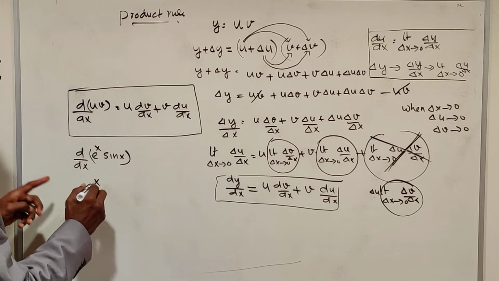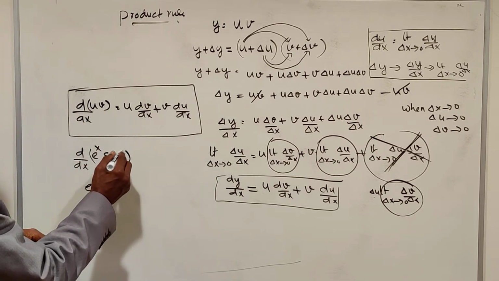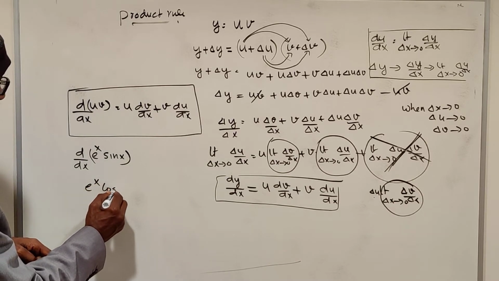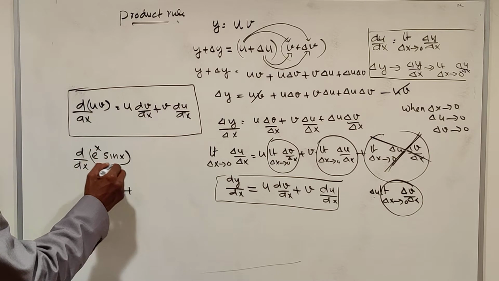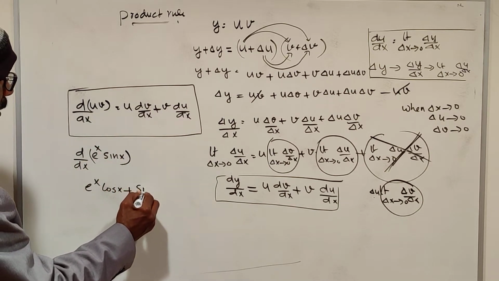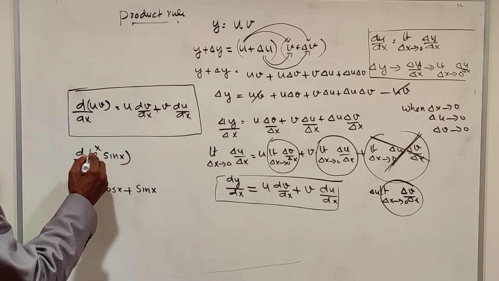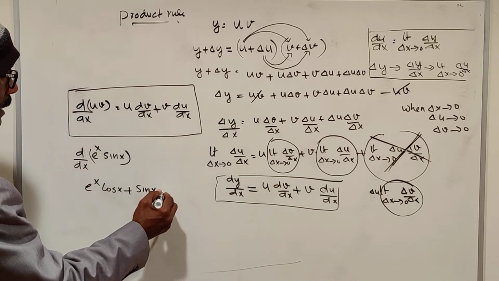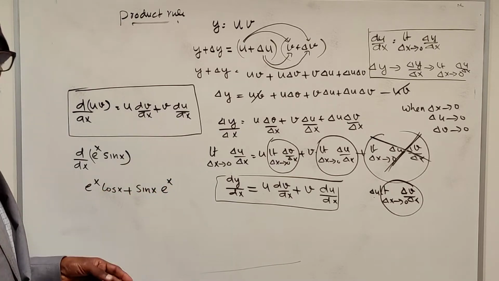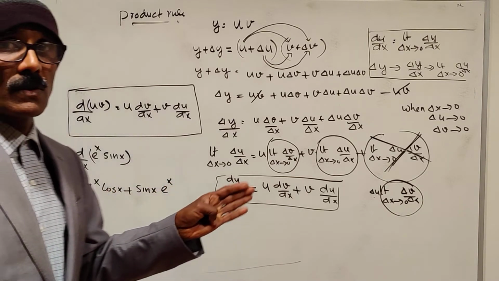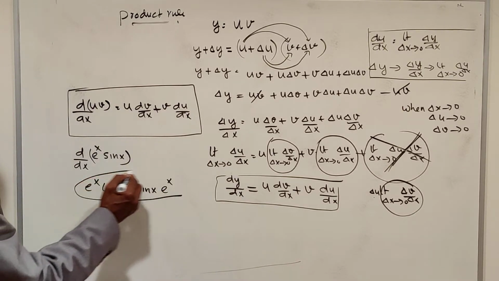First just write down e raised to x, then the derivative of sin x, which is cos x, plus sin x times the derivative of the exponential function. The derivative of e raised to x is e raised to x itself. So this is the answer.